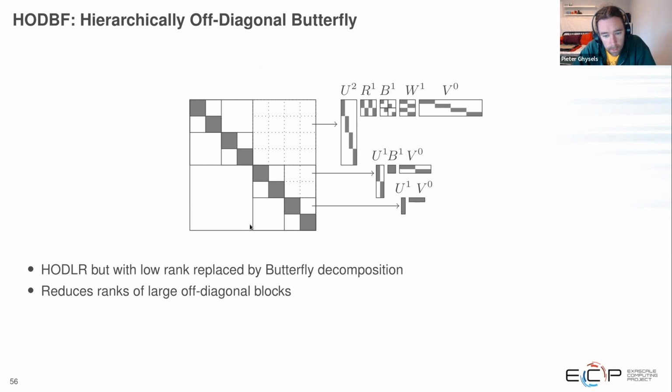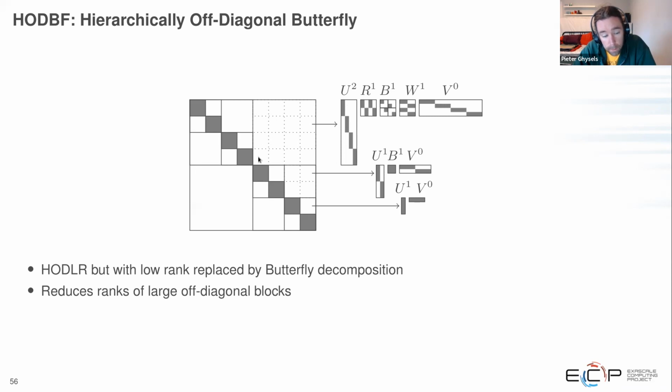So illustrated here is a hierarchical matrix, just like HODLR, hierarchically off diagonal low rank, but in HODLR we would approximate this off diagonal block using low rank. But now in HODBF we use a butterfly decomposition for this off diagonal block.